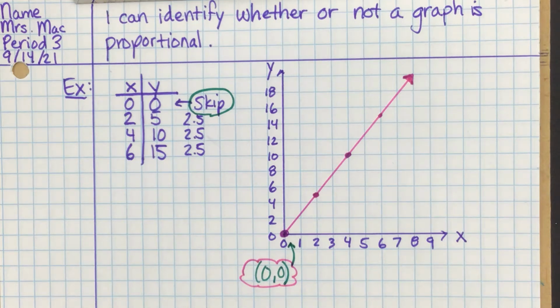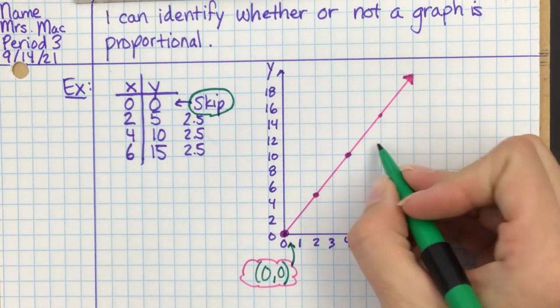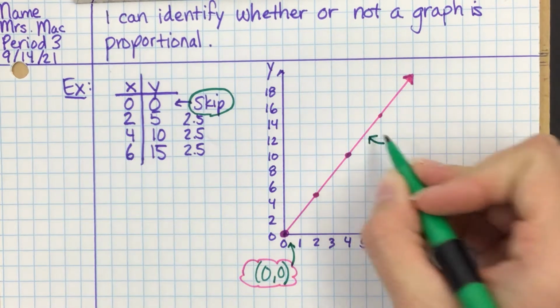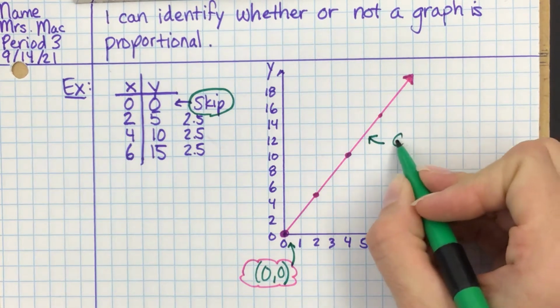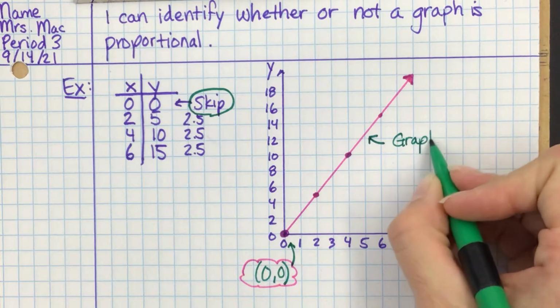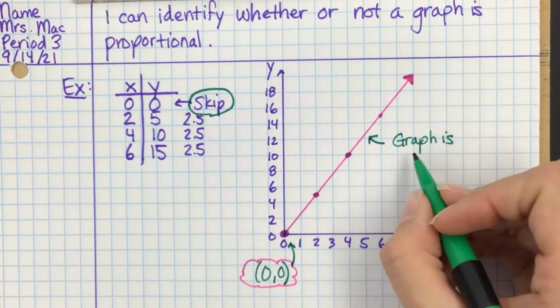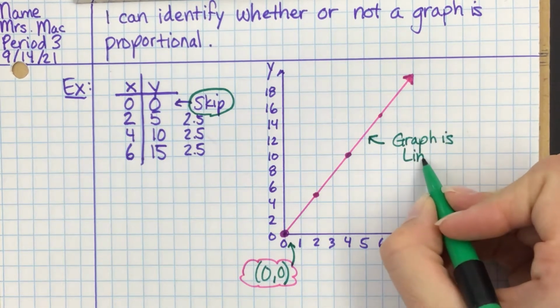The other thing I want to point out is this graph is linear, meaning that it is a straight line.